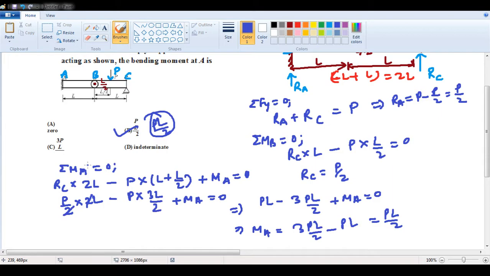Say we'll take a GATE 2006 question. Let me frame the question first. This question is from 2006. So I'll discuss a question of 2006.